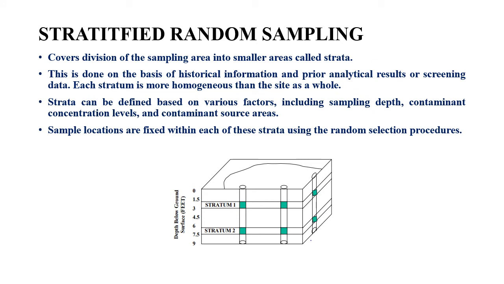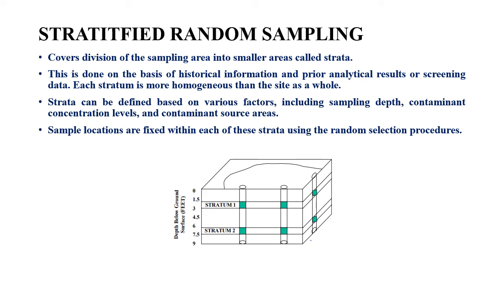Now in stratified random sampling, we have an area of the contaminated land where the sampling is to be done. Within that area, the subsoil will be divided into different strata. That is, we fix the depth at which the sampling has to be done. For the entire area of concern, the soil will be divided into different strata based on the depth, the contaminant concentration levels, and the contaminant source areas.